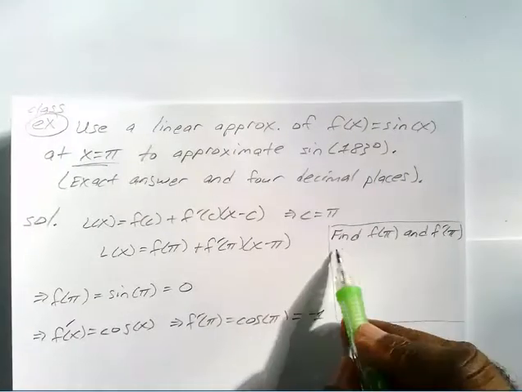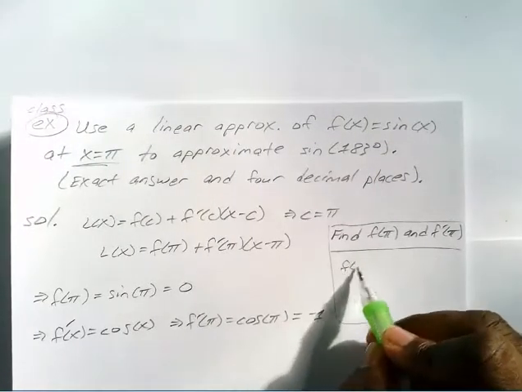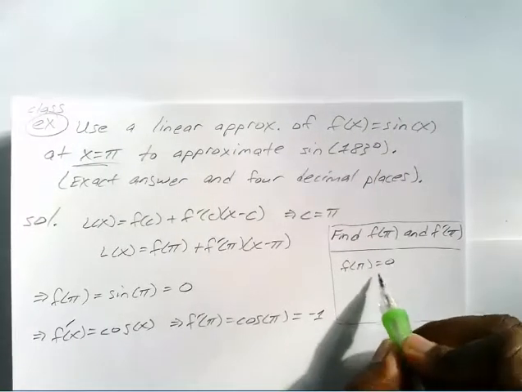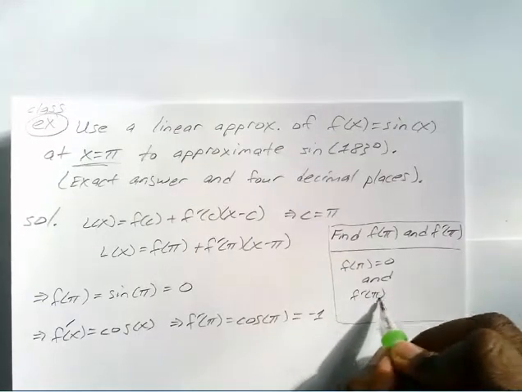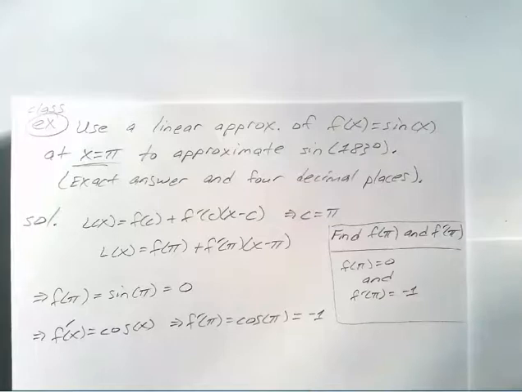Okay, so we know that f of pi equals 0 and f prime of pi equals -1.